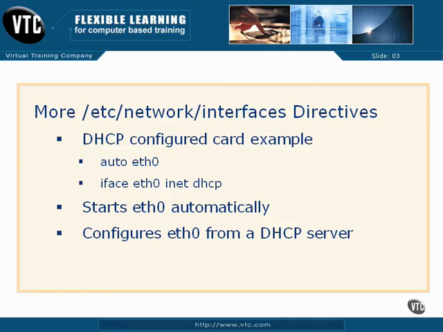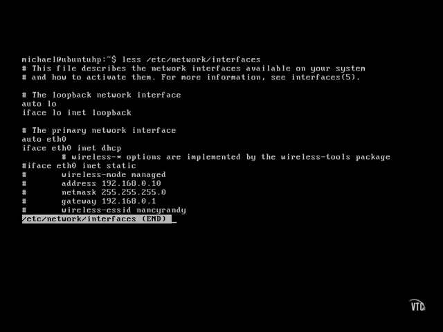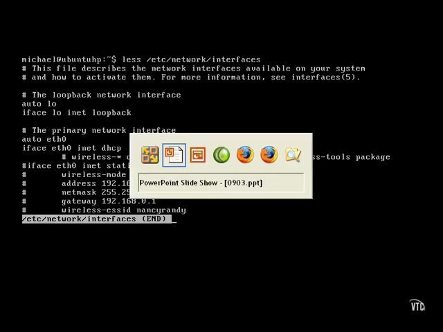If you prefer static addressing, you'll have to add more detailed information. For example, if I were to replace the iface eth0 inet dhcp with the stuff and comments that follow afterwards, I could specify the static address for a specific wireless network.